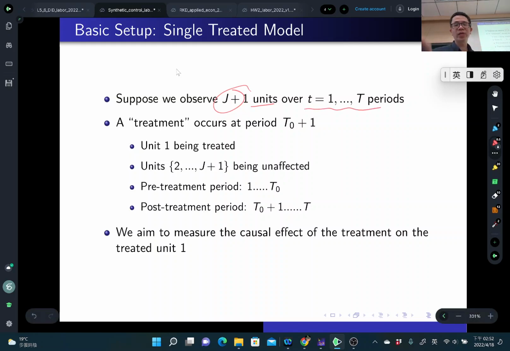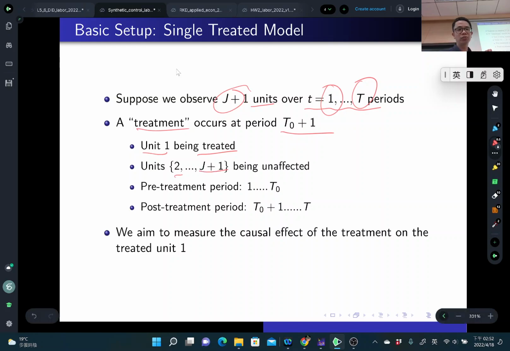Usually it is panel data at the aggregate level. We follow these units over time, from year 1 to year T. Treatment happens in T0 plus 1, and only unit 1 gets the treatment. That is California, which is unit 1.